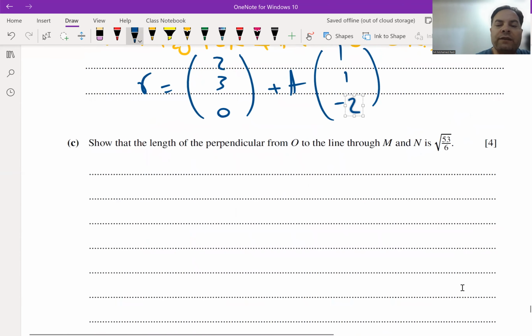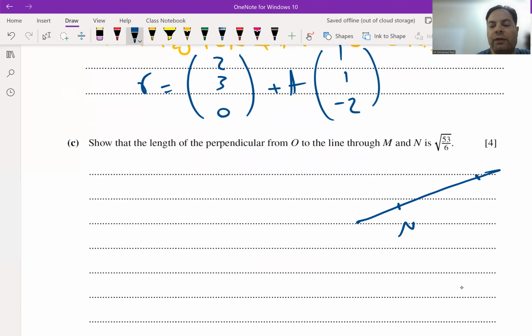Show that the length of the perpendicular from O to the line MN is... We already have the equation of the line MN from part B. And this is the point O, 0, 0, 0, and this is the perpendicular. Let's say the foot of the perpendicular from O to MN is Q. There are 4 steps.